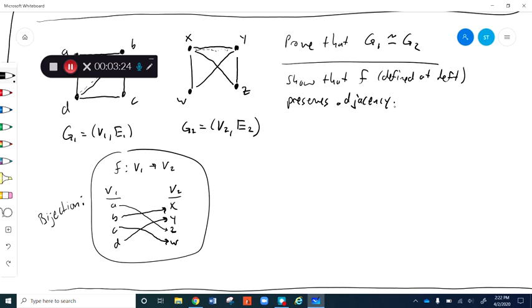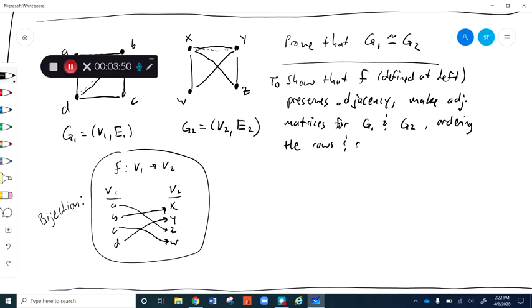Now, to show that F preserves adjacency, what we're going to do is make adjacency matrices for both graphs G1 and G2, and we're going to order the rows and columns according to the bijection we made.